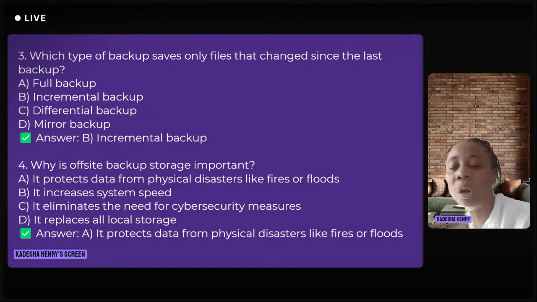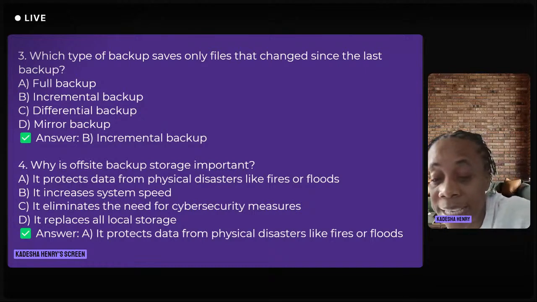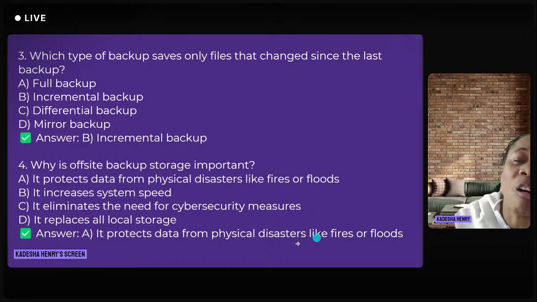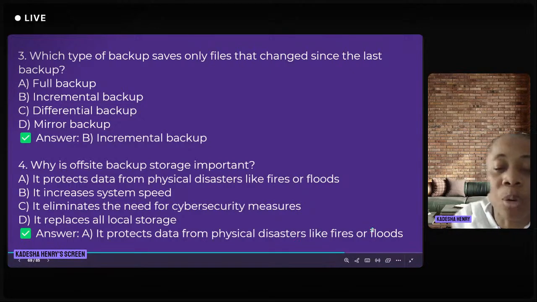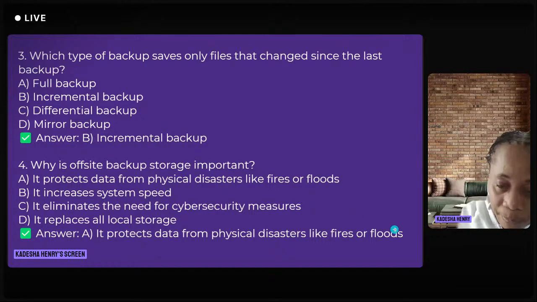It replaces all local storage. So it's important because it protects data from physical disaster like fire or flood. Look at it: why is offsite storage important? It's going to protect your data from physical disaster like fire or flood, right?